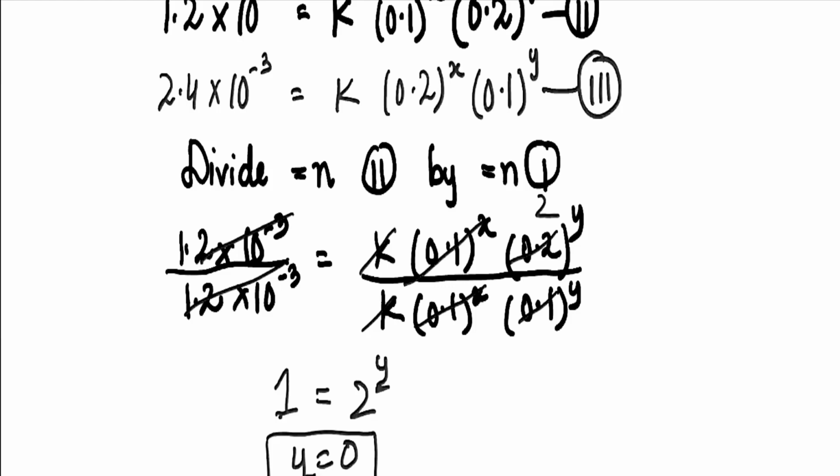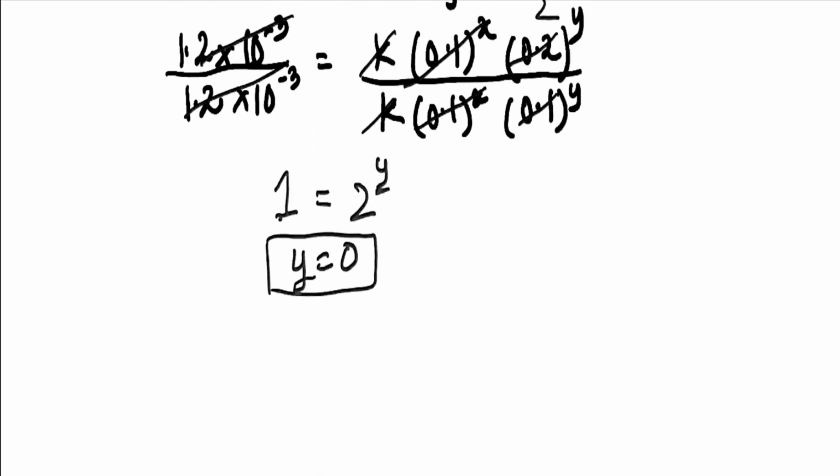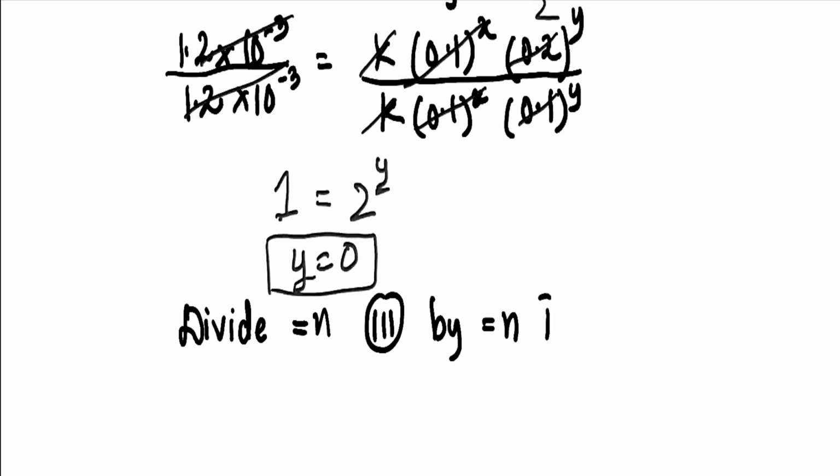Now we have to find out the value of X. For finding the value of X, we will take equation first and equation third. In equation first and third, the concentration of B is same. So what we will do here is that we will divide equation third by equation first.